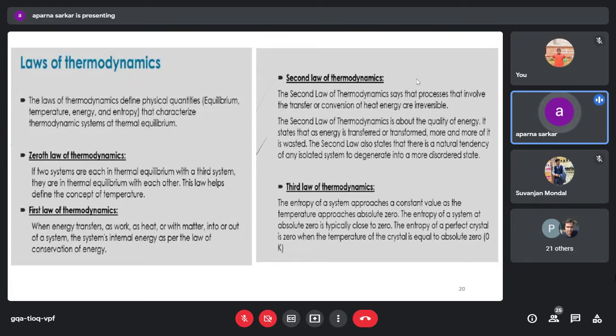The second law is about the quality of energy. It states that as energy is transferred or transformed, more and more of it is wasted.